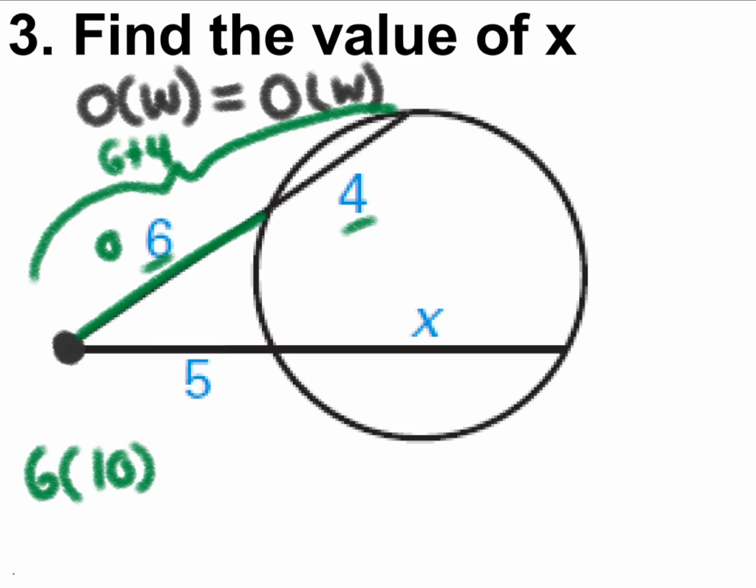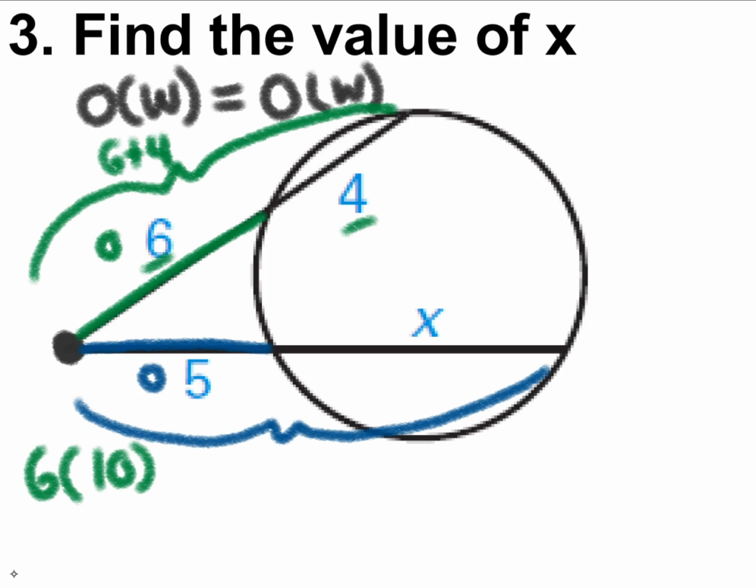Then the other line segment, our secant line, has an outside piece of 5, and the whole line is x, the inside piece, plus 5, the outside piece. A lot of people make the mistake of multiplying and getting 5x instead of x plus 5. We want to make sure we are adding those values.